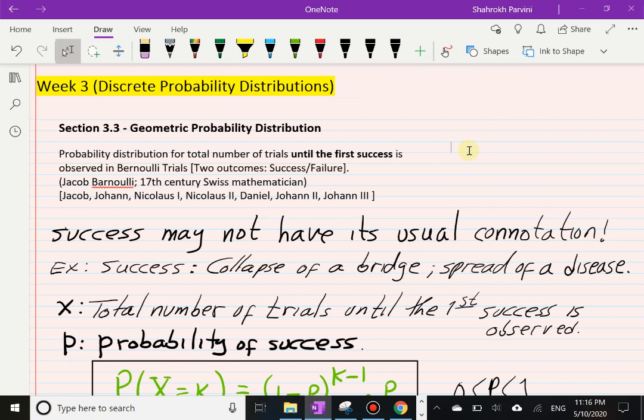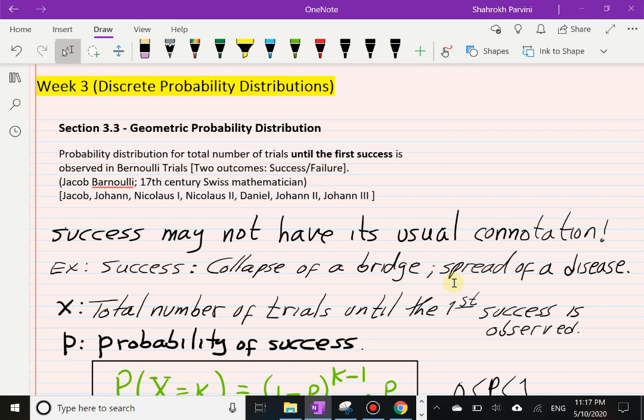Now the other thing is that we talk about outcomes being success or failures. A success may not have its usual connotation in what we do. For example, a success could be the collapse of a bridge. That's not necessarily a good thing, right? Or a success could be the spread of a disease. In some instances, a success would be if a small business goes out of business. A success may be if an airline files for bankruptcy.